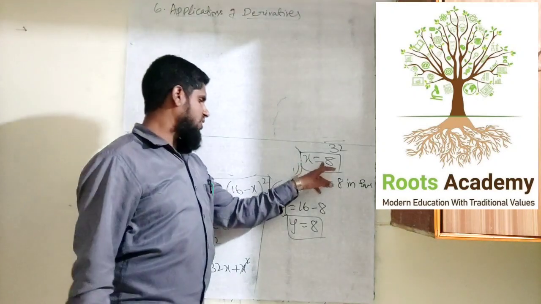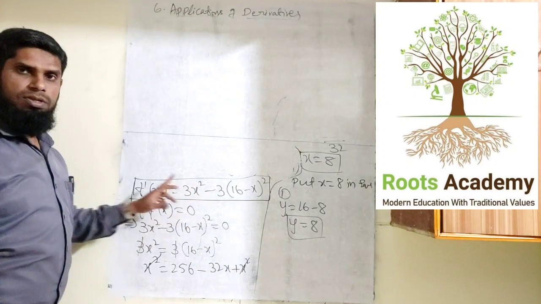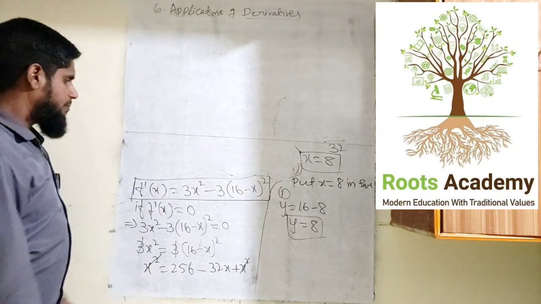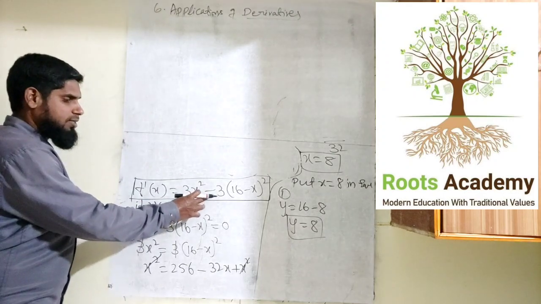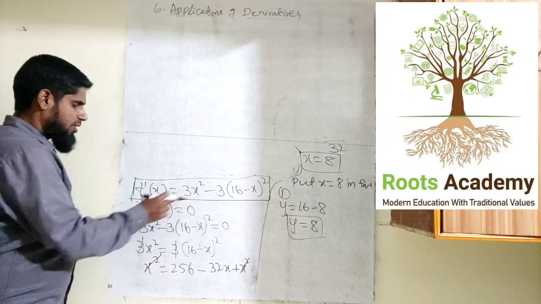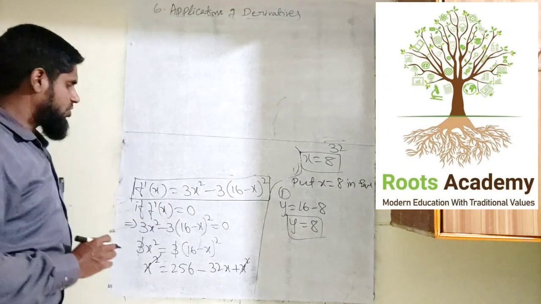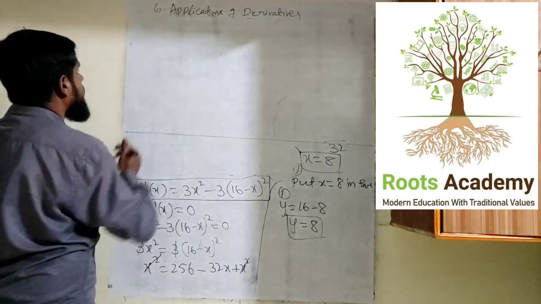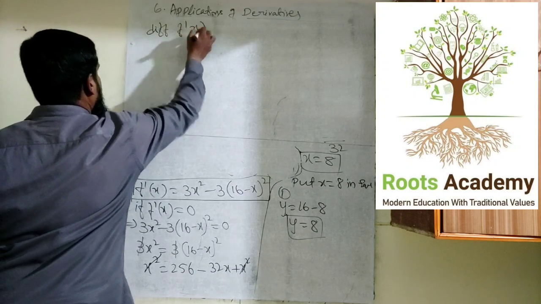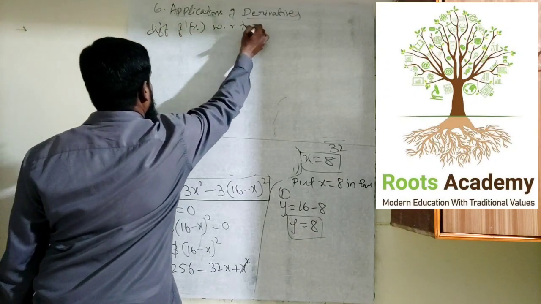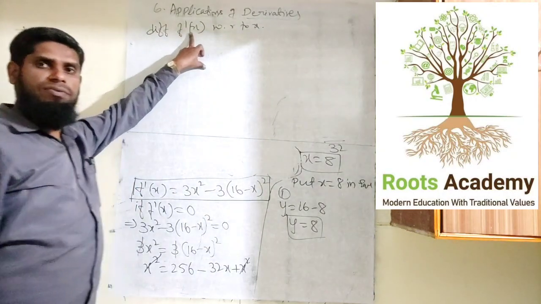After getting the values of x and y, let us try to show the given function is a minimum function. I have the first order derivative. Let us find its derivative again, which means I am finding the second order derivative of the given function. Differentiate f dash of x with respect to x.